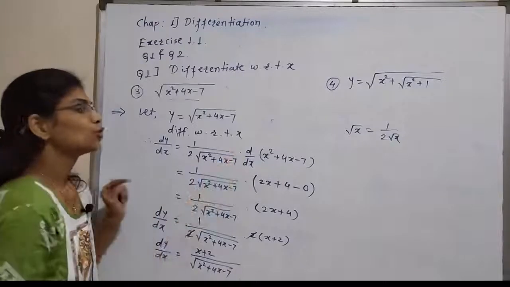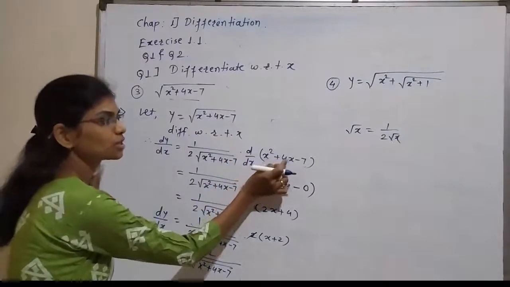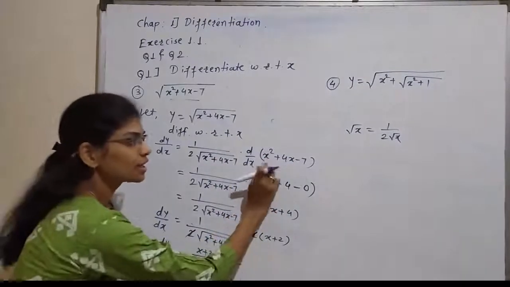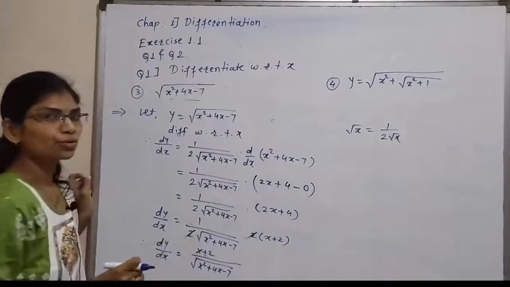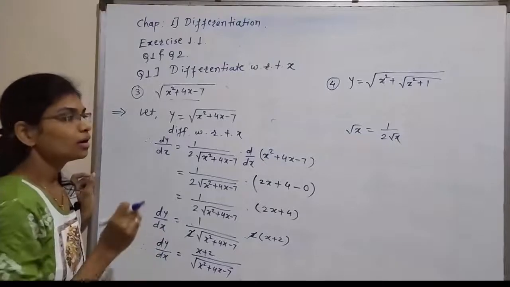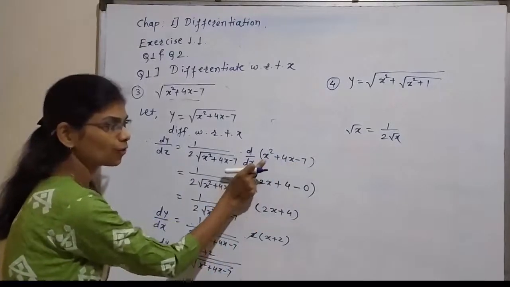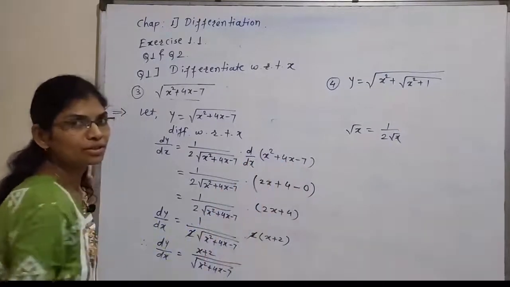Multiplied by, we have to take the derivative of the whole function x square plus 4x minus 7. Then there are 3 terms present. We know the rules of derivatives. Here we have to take the separate derivative for each one: the derivative for x square, the derivative of 4x, and the derivative for minus 7 also.